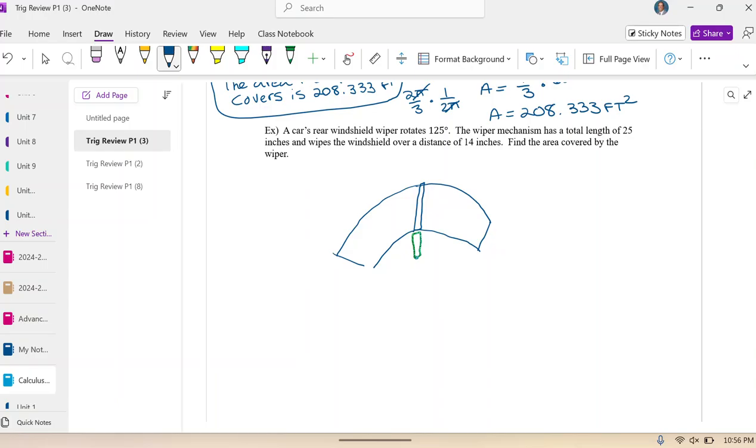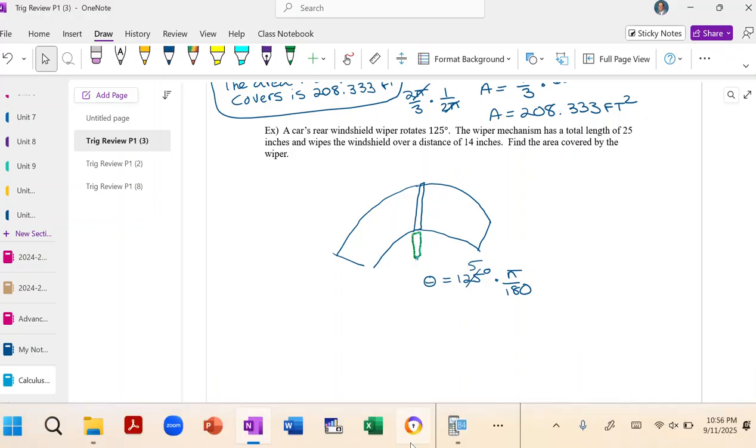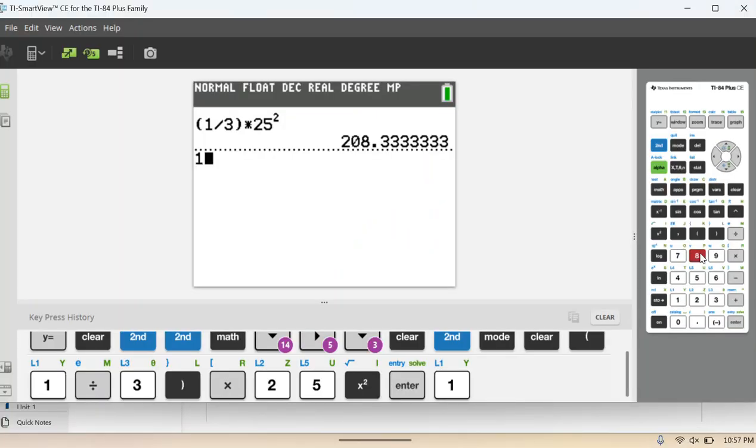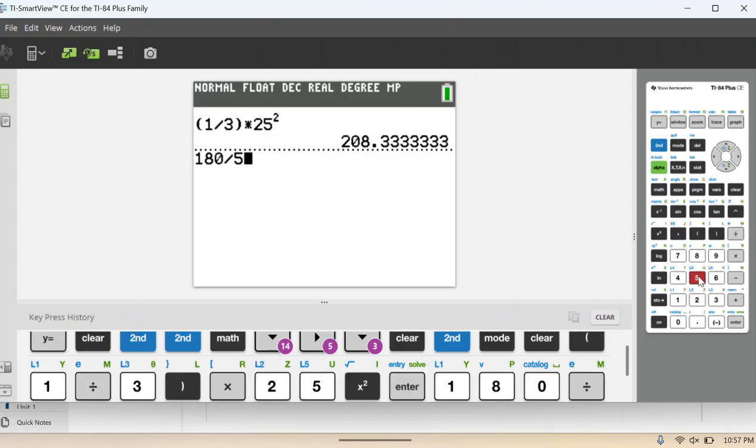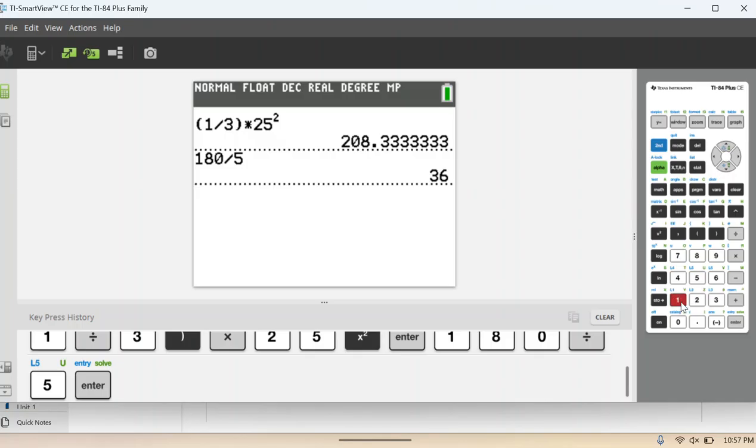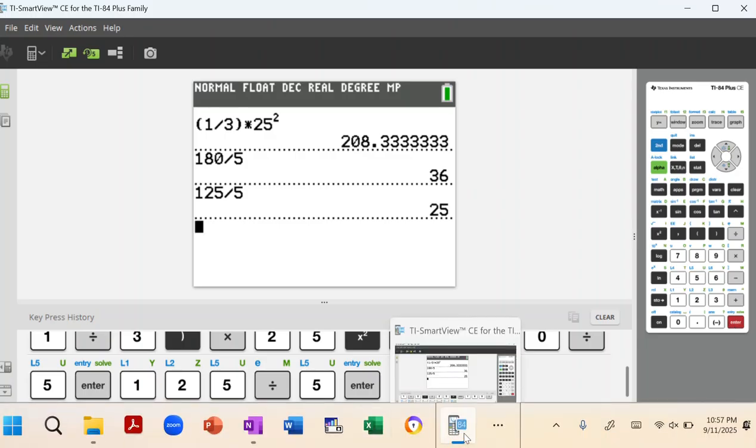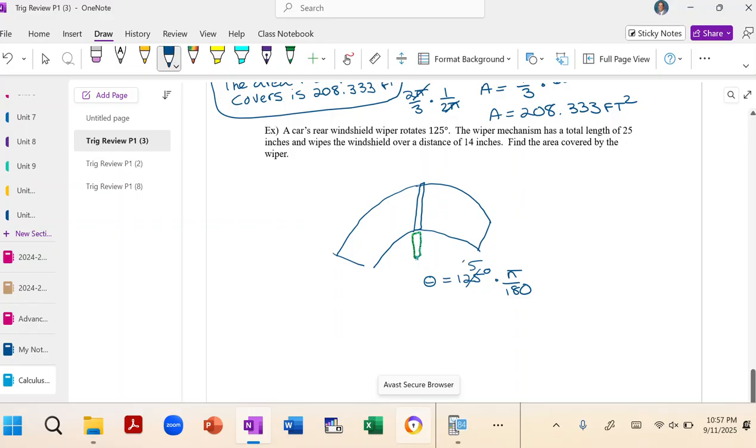All right, so basically the windshield wiper rotates 125 degrees, which in radians, if we multiply by pi over 180, 5 goes into 125 25 times, and 5 goes into 180 36 times, so it's 25 over 36.